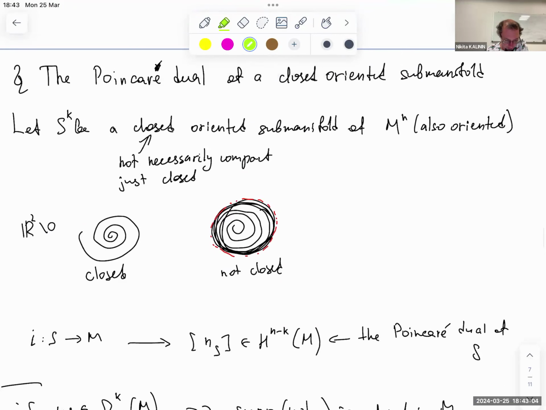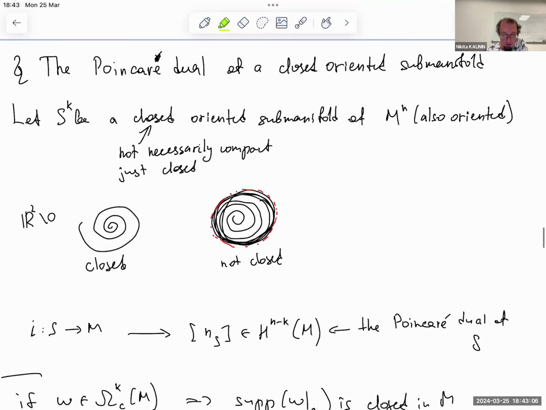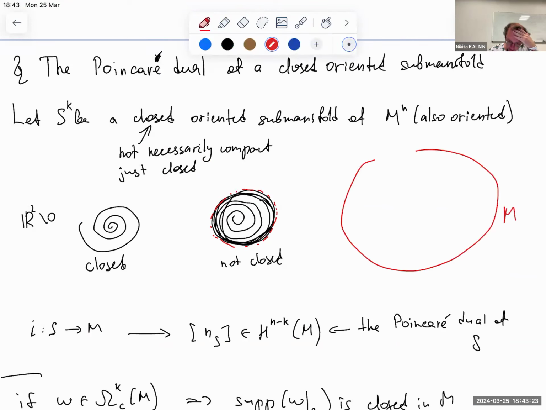Well, today I want to tell about the Poincare dual of a closed oriented submanifold. So what is that? Usually, if you have a manifold M, and inside you have some submanifold S, then you have a homology theory.